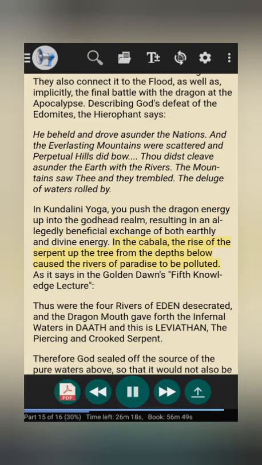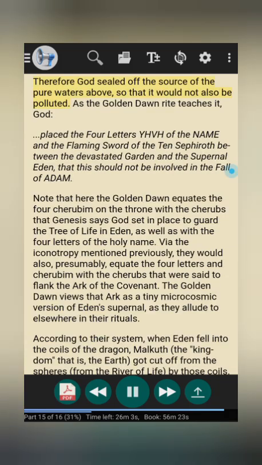In the Kabbalah, the rise of the serpent up the tree from the depths below caused the rivers of paradise to be polluted. As it says in the Golden Dawn's Fifth Knowledge Lecture, "Thus were the 4 rivers of Eden desecrated, and the dragon mouth gave forth the infernal waters in Daath, and this is Leviathan, the piercing and crooked serpent. Therefore God sealed off the source of the pure waters above, so that it would not also be polluted."